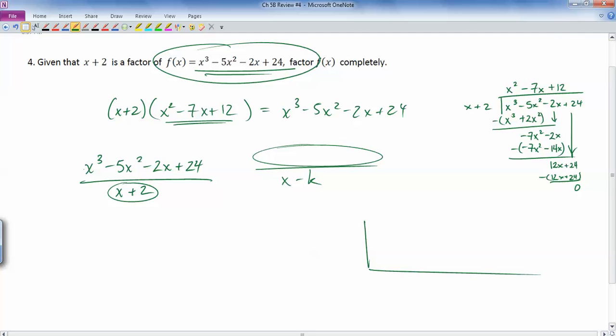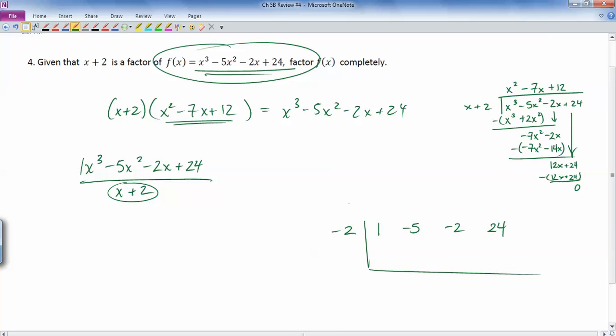You use the coefficients here: 1, negative 5, negative 2, 24. And remember, if there was no x squared term, you'd still have to put a 0 as a placeholder for it. In this case, there is. So it's 1, negative 5, negative 2, 24. And then k would go here. In this case, it's minus, so that would just be regular k. Since it's plus 2, negative 2 goes on the outside.